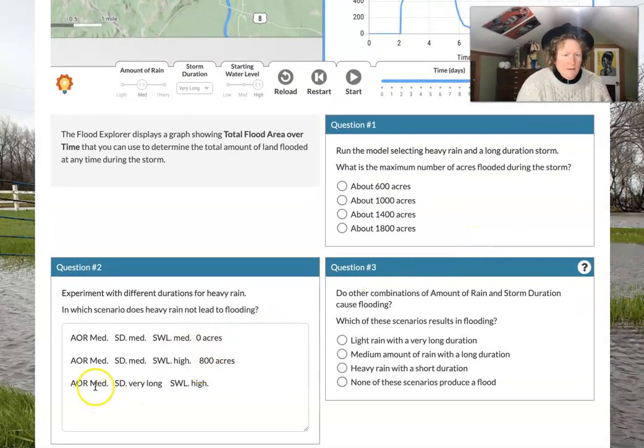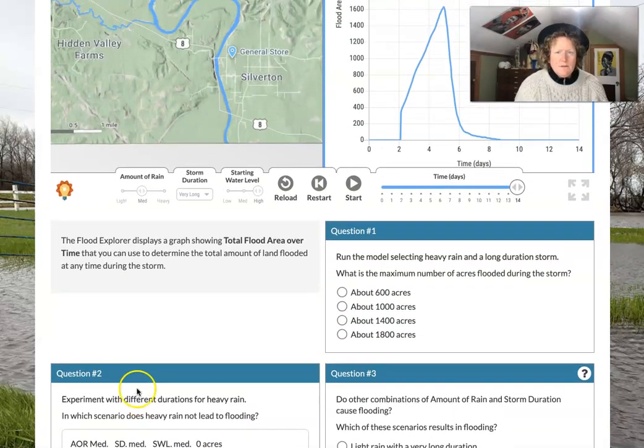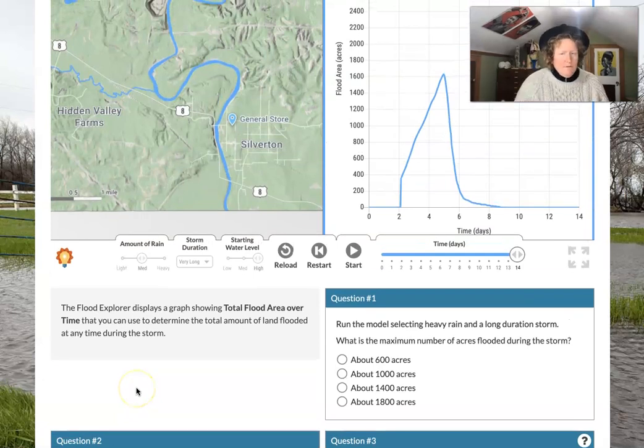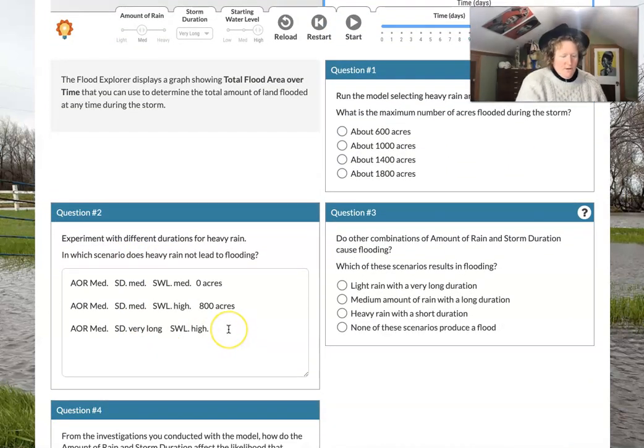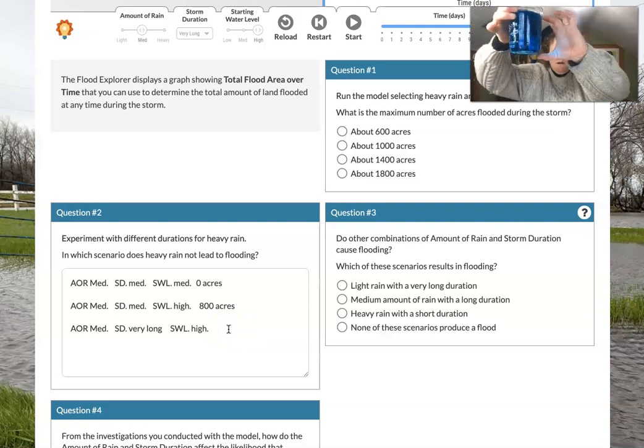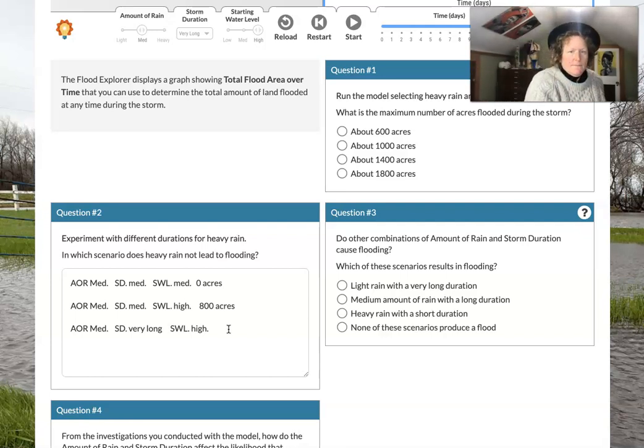So we had the amount of rain medium, but we had the storm duration really long. So it's raining kind of a medium amount, but it might be raining for a couple of days. The starting water level is already high, meaning there's already a lot of water in the river, so it doesn't take much to get it to flood.